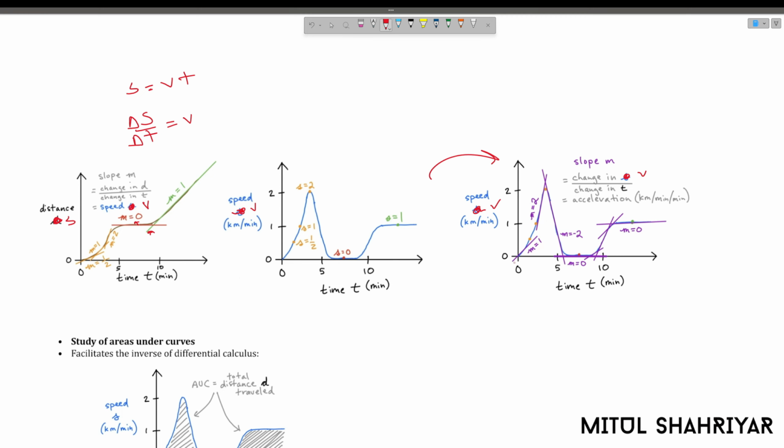Now if we want to find its slope, for this particular line from here to here, m is equal to 1. For this particular graph, from here to here we are getting m equal to 2. For a particular point from here to maybe here, we're getting m equal to -2, and so on and so forth.